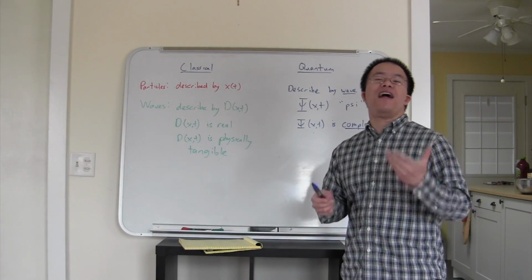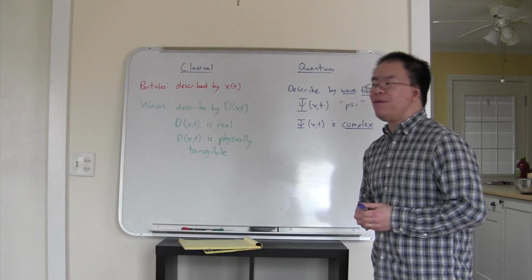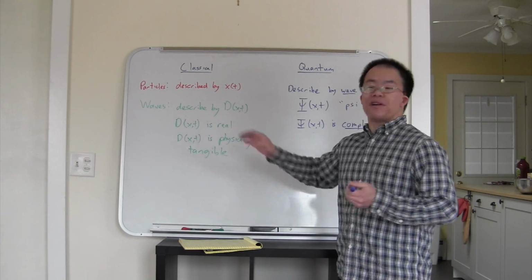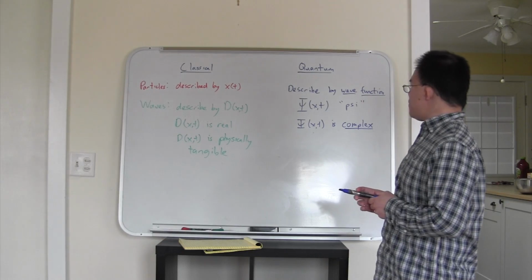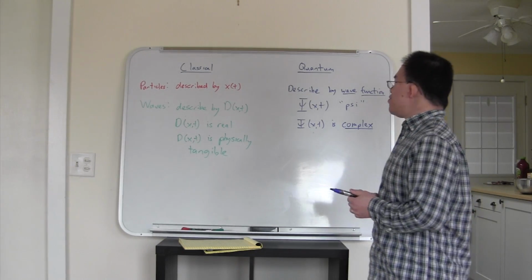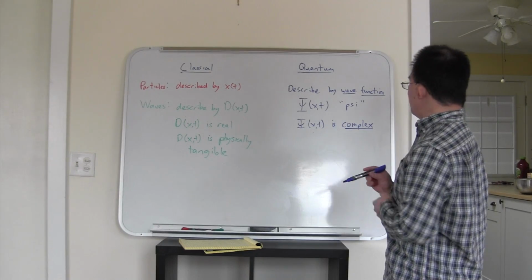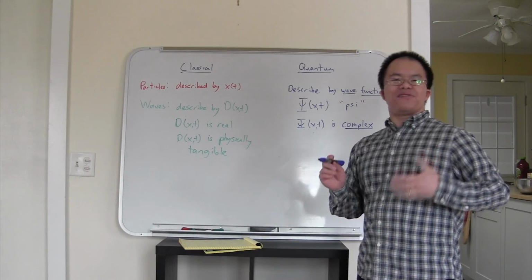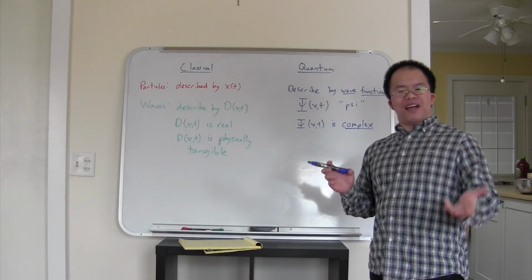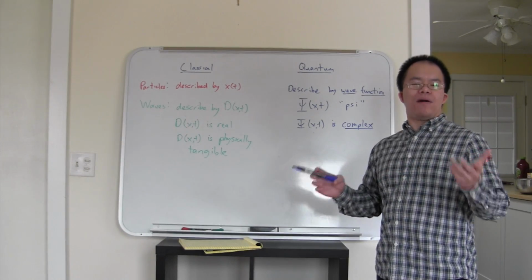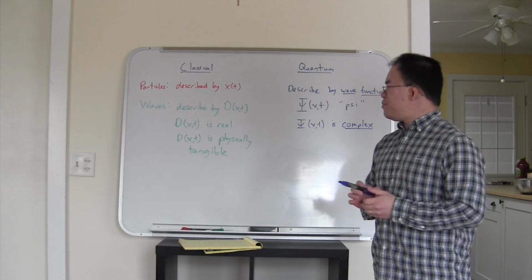You can't just isolate the real part the way you can for a classical wave. The other thing is thinking about what's physically meaningful here. Right? So the wave function itself turns out to be not quite the thing that is physically meaningful.